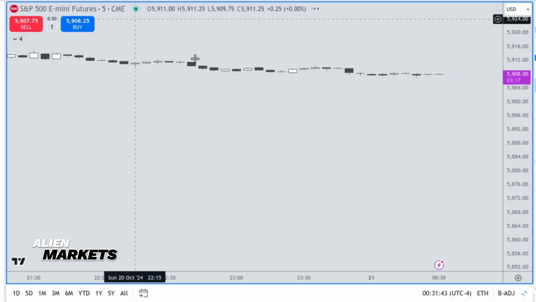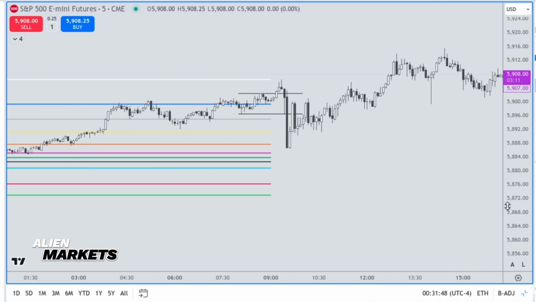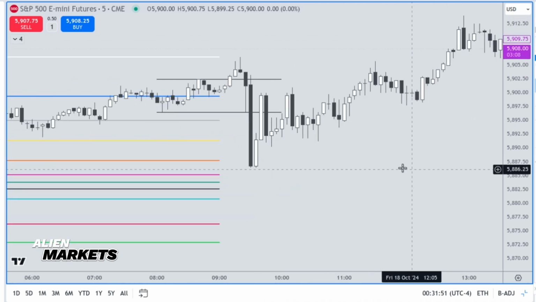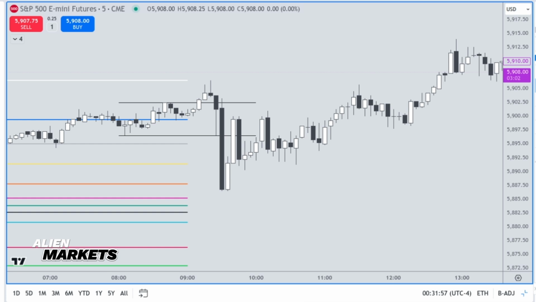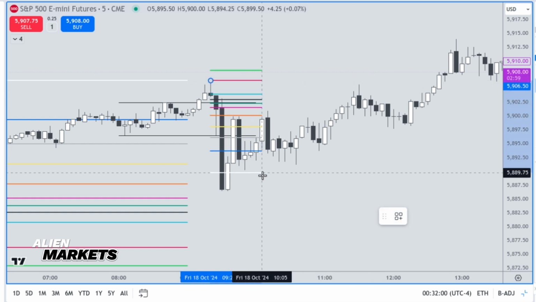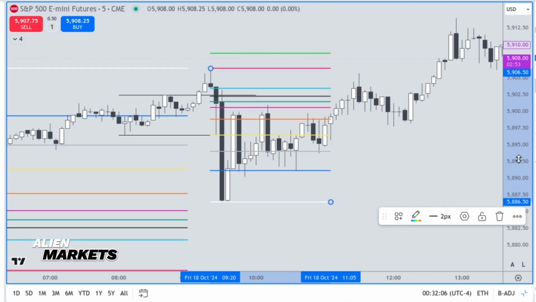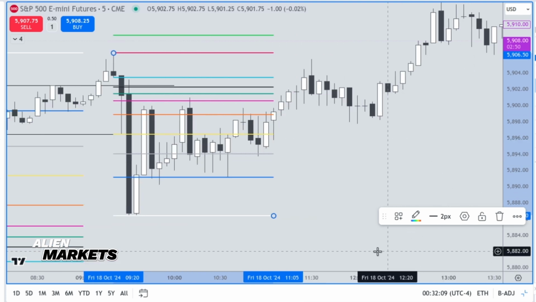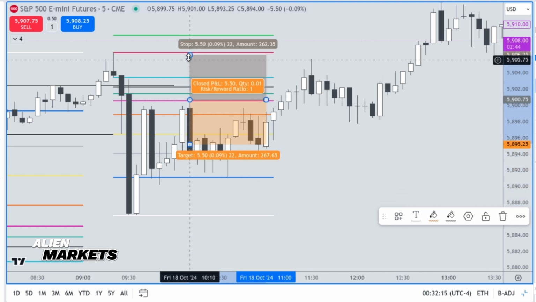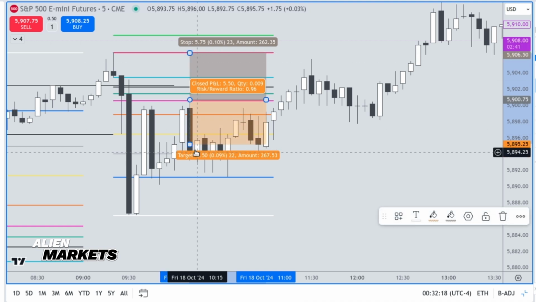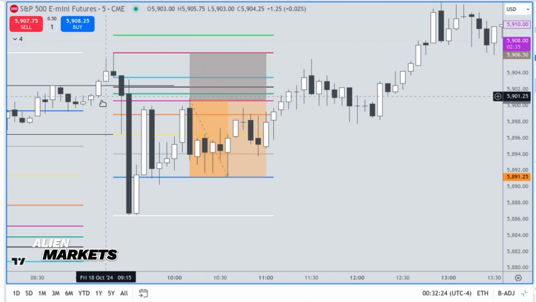But if we go to 5 minutes, we can see a lot of stuff here. You can say, well, we could have taken this short, right? Yeah, we could have taken this short. But this perfect entry gave us right to the tick, right?